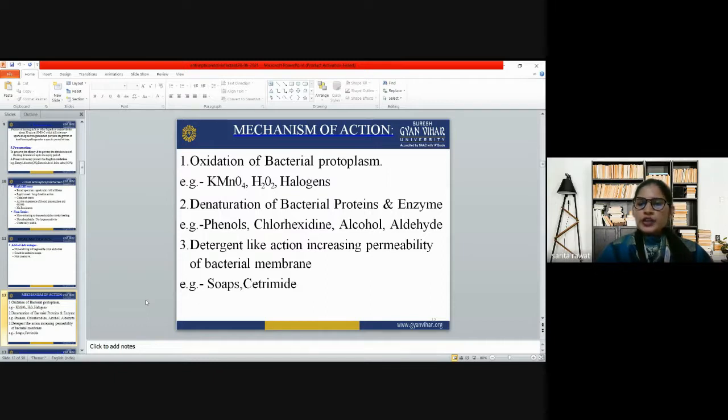Then denaturation of bacterial protein and enzyme, for example phenol, chlorhexidine, alcohol, aldehyde. And then a detergent-like action, increasing the permeability of the bacterial membrane. For example, soaps and cetrimide.